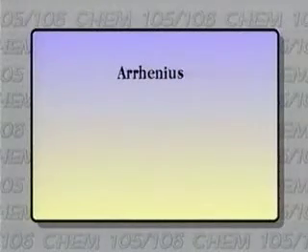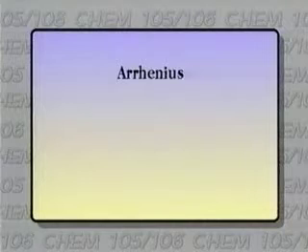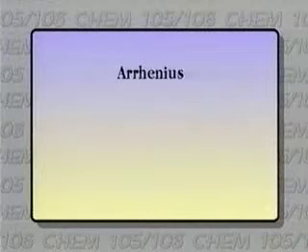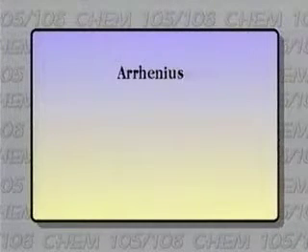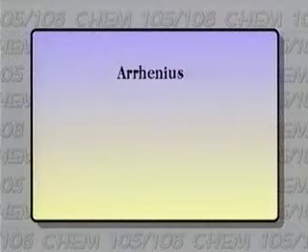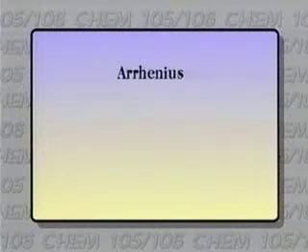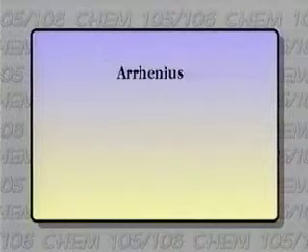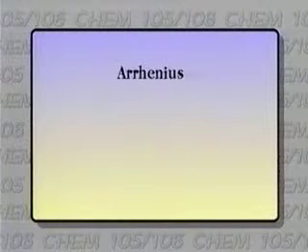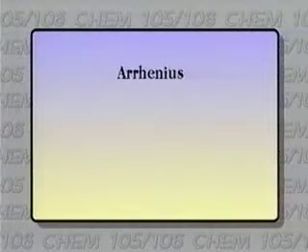Now, Arrhenius also had a lot to do with our understanding of the electrical conductivity of solutions, because he found that if we took a material as a solid, it might not conduct a current. Now, metals do. That's one of their properties.